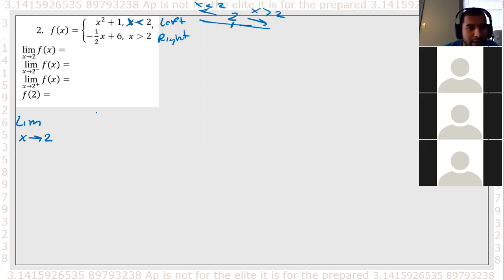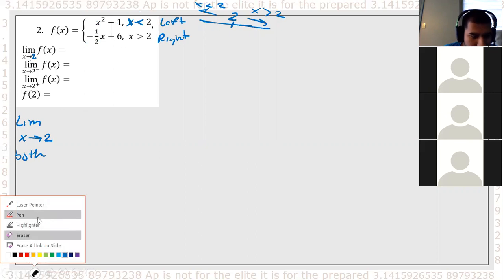So the first one is asking me, there is no exponent on the number, so it's asking from both sides. So I'm going to substitute the 2, the value the limit approaches, into each x. I'm going to need a little bit more space since this looks a little tougher.